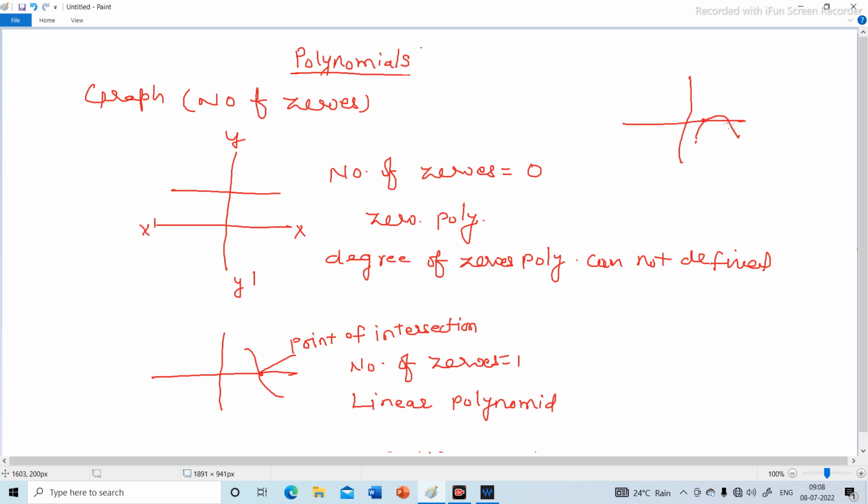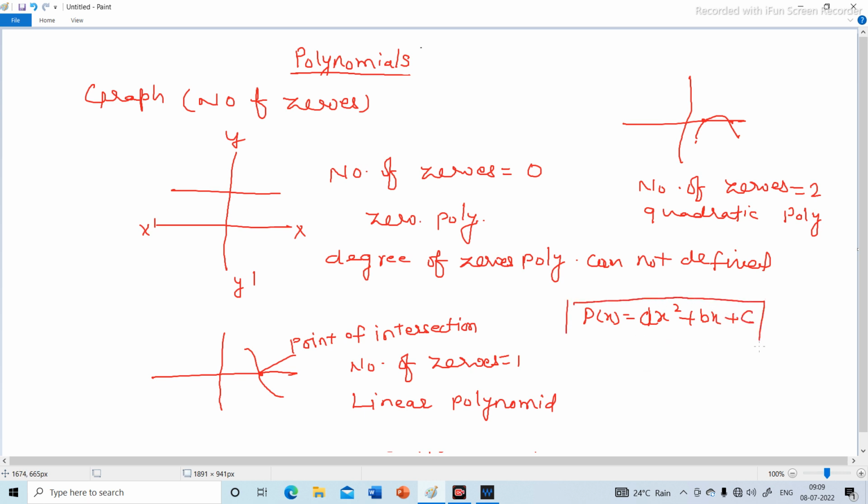So here I have 2 points of intersection. Number of zeros equal to 2. It is a quadratic polynomial. So the standard form of quadratic polynomial, p(x) equal to ax square plus bx plus c, where a cannot be 0.